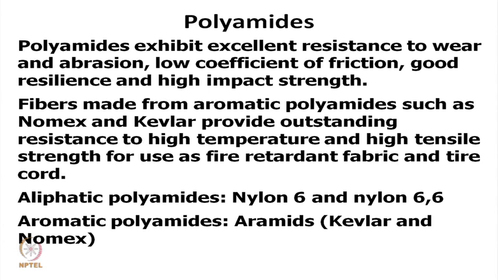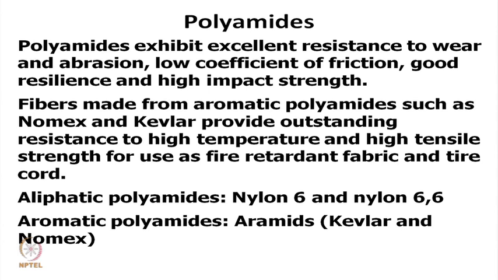Not only that, for some heavy duty automobile tires, the cord used in the tire is also made of this aramid fiber or Kevlar fiber, aromatic polyamide fiber, which actually replaces sometimes steel fiber or polyester fibers.